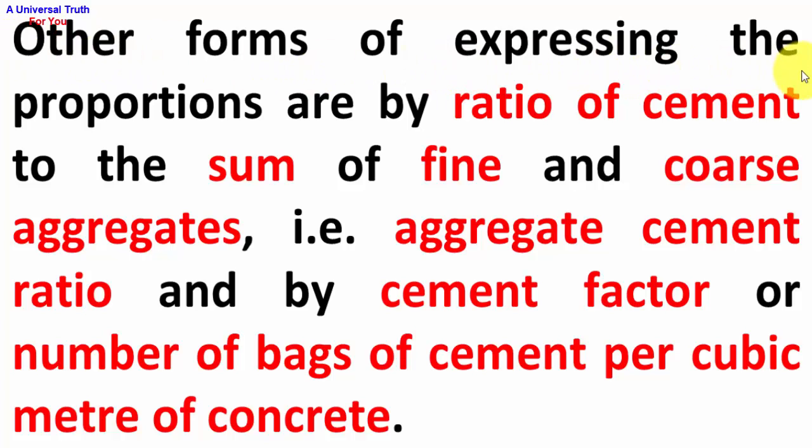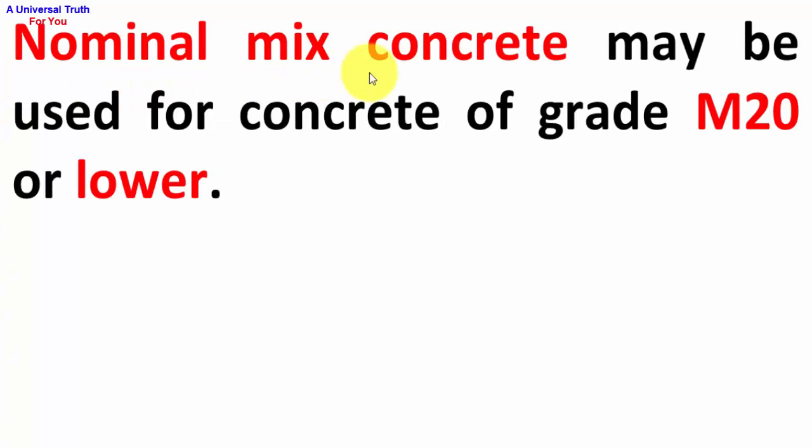Other forms of expressing the proportions are by ratio of cement to the sum of fine and coarse aggregates, that is aggregate cement ratio, and by cement factor or number of bags of cement per cubic meter of concrete. Nominal mixed concrete may be used for concrete of grade M20 or lower.